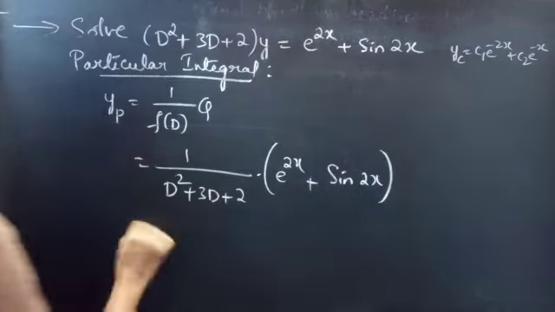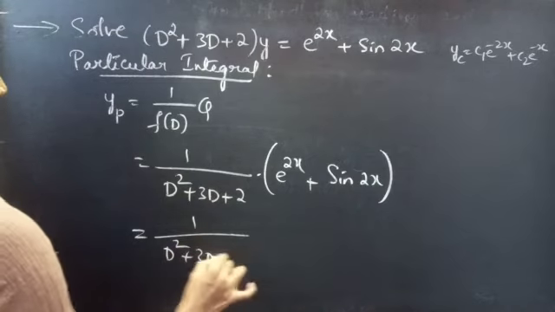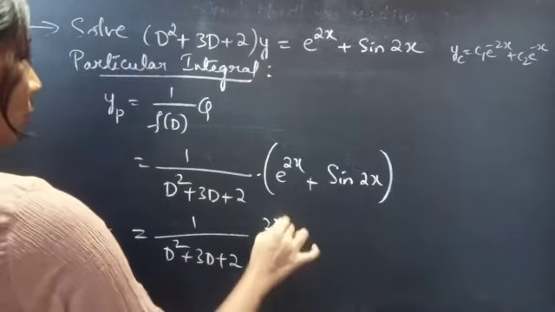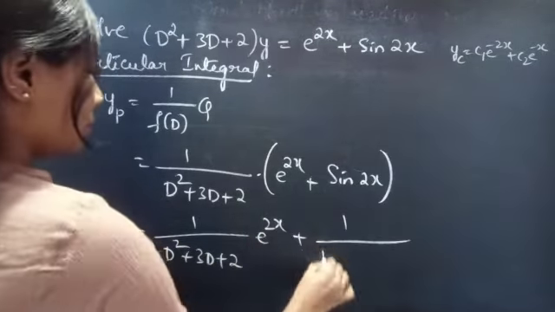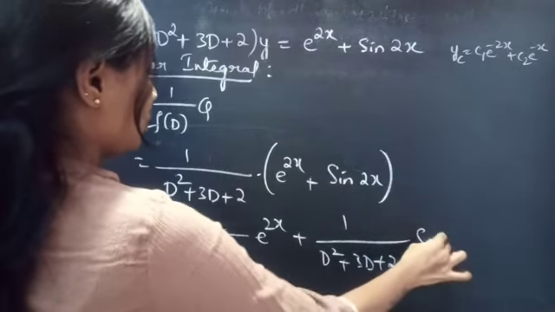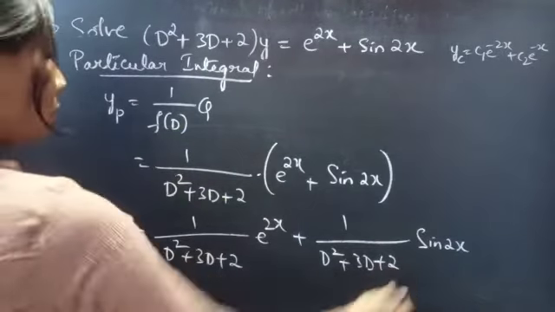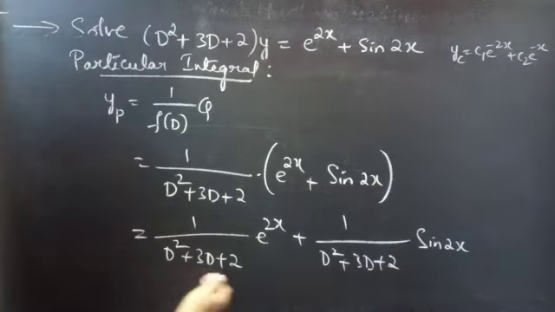We can split this as 1 by f of D into e power 2x plus 1 by D square plus 3D plus 2 into sine 2x. We can find each term separately.